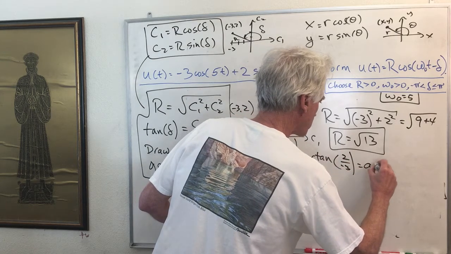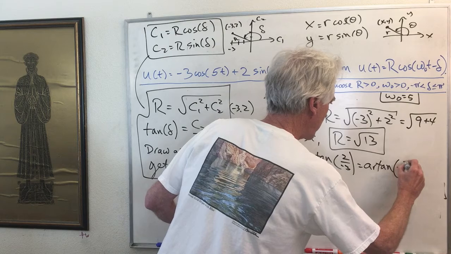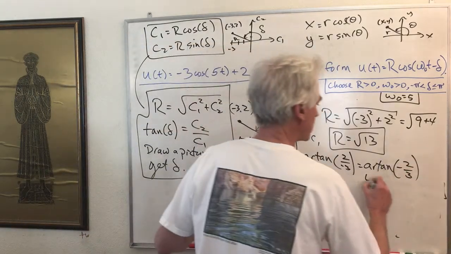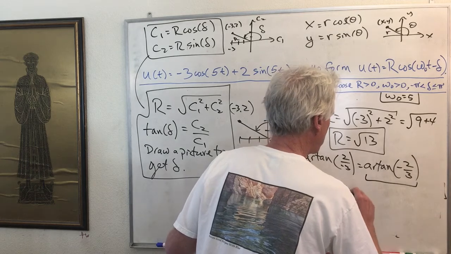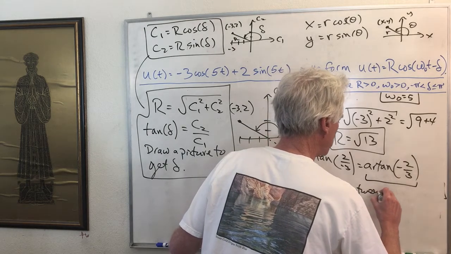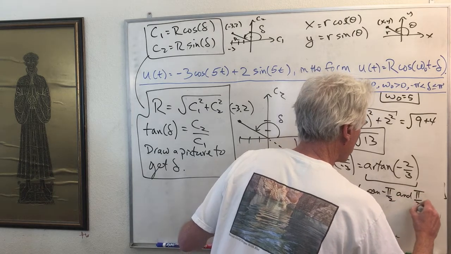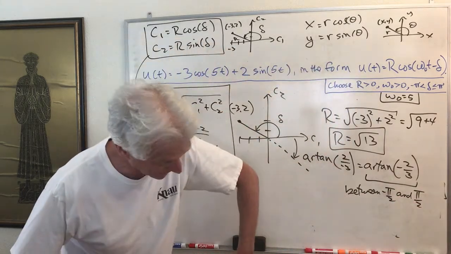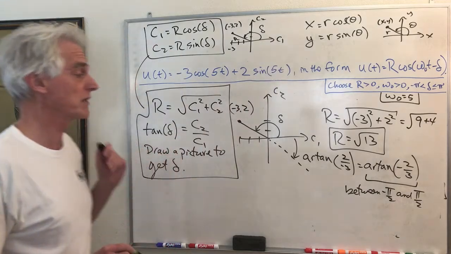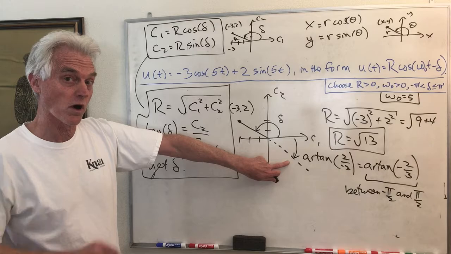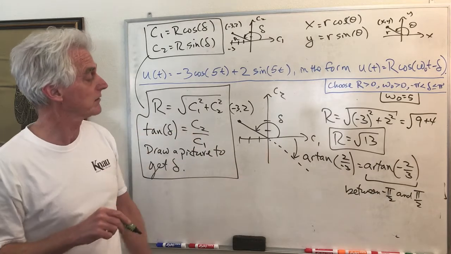That's arctangent of negative 2/3, right? This thing here is always between minus pi over 2 and pi over 2. The arctangent of anything is between negative pi over 2 and plus pi over 2, right? So that's why it gives us this angle in the fourth quadrant, written as a negative angle, okay?